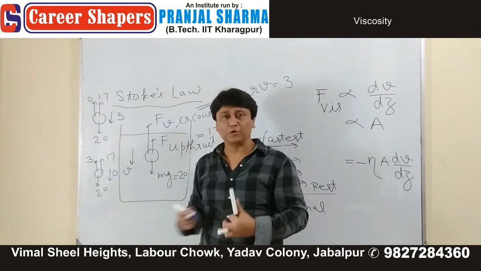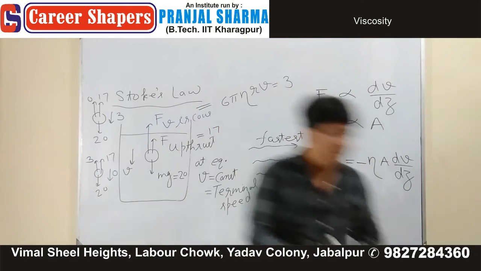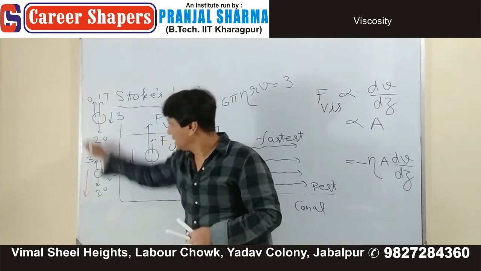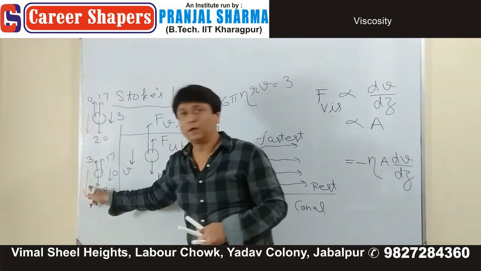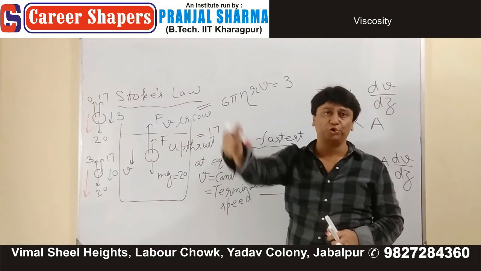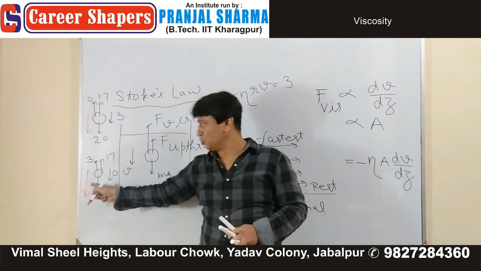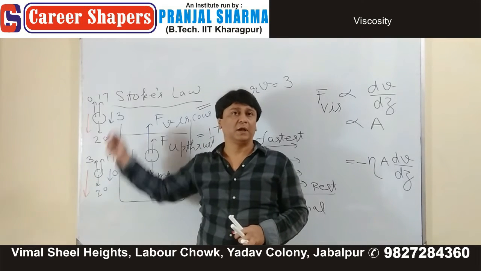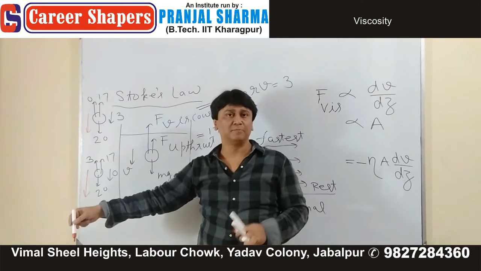If total force is 0 and this ball is already moving, then we are using the concept of inertia of motion. An object is moving, there is no net force on it, it will continue with that same speed.